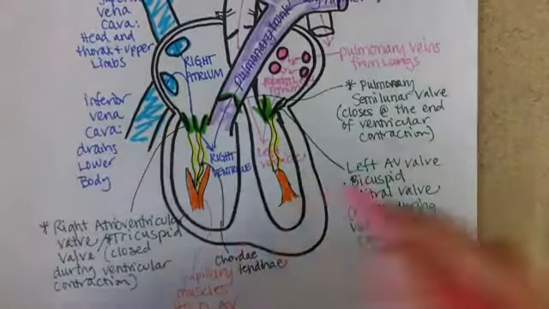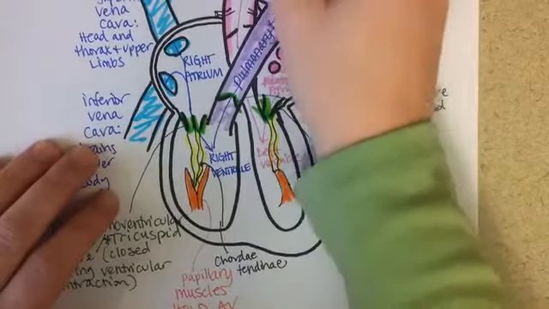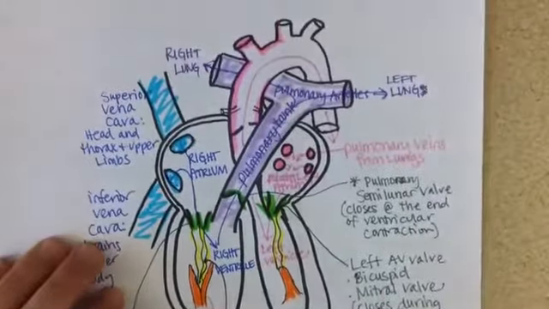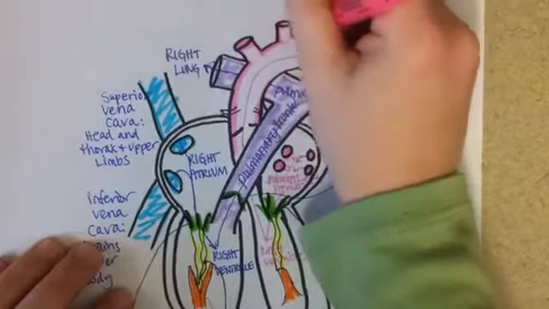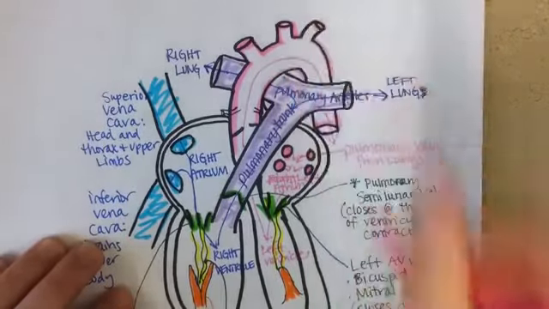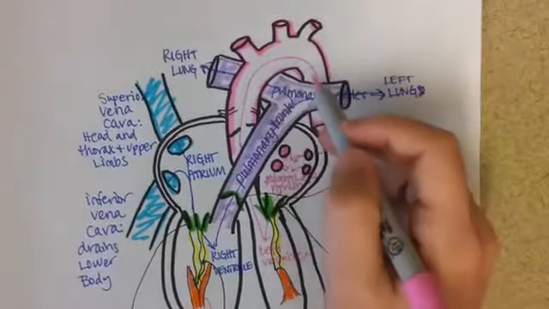So get our pink highlighter again. Okay, so it goes up and out. This blood vessel is called the aorta.